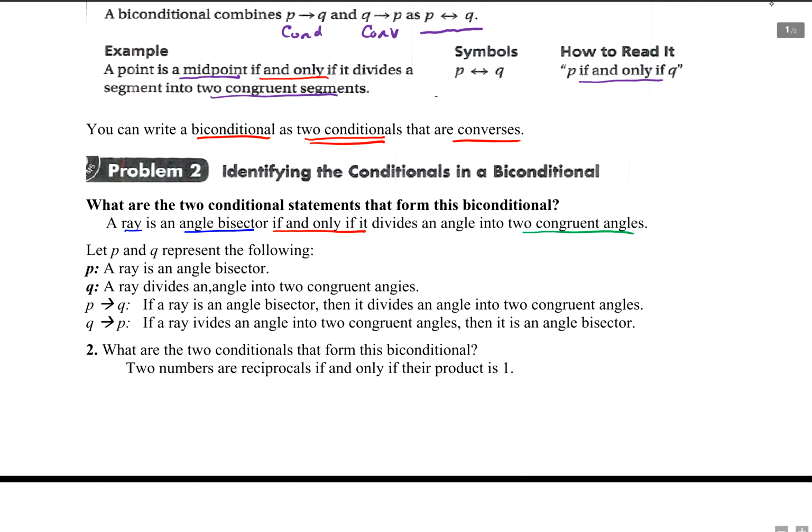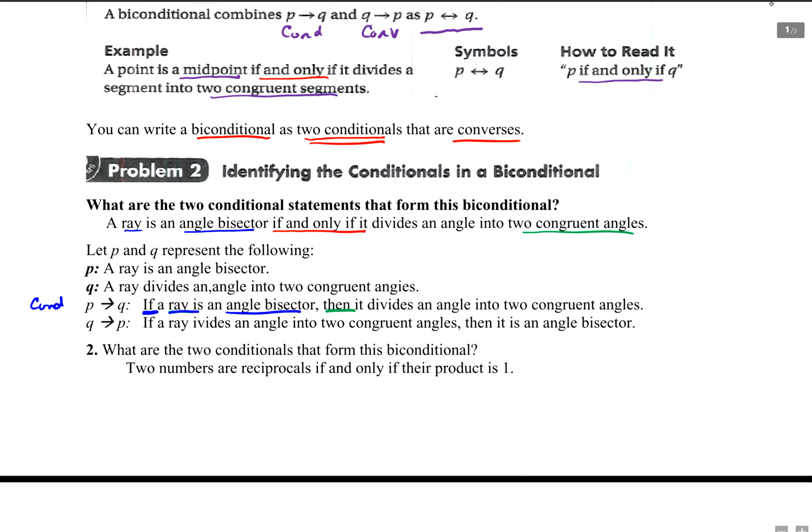So the first thing that we're going to do is write one of them. It says a ray is an angle bisector. So if a ray is an angle bisector, now we are putting our if back on because we are writing conditionals. This is our conditional.